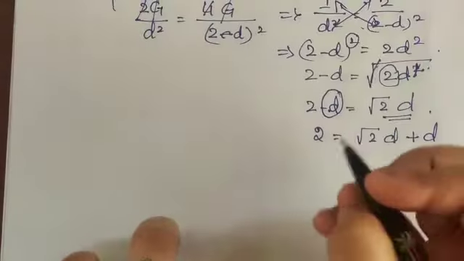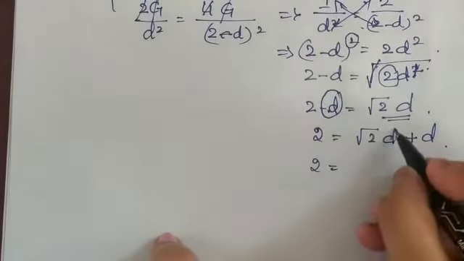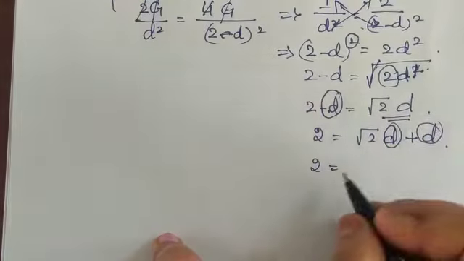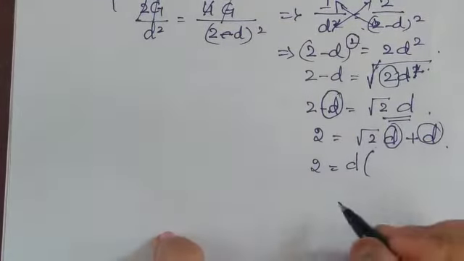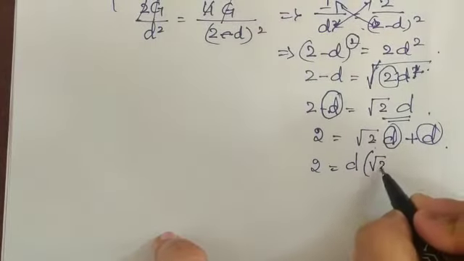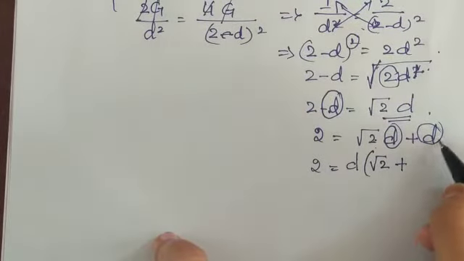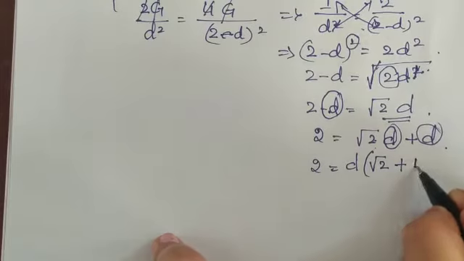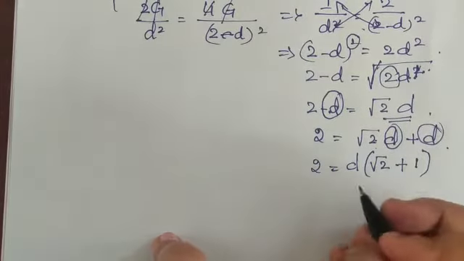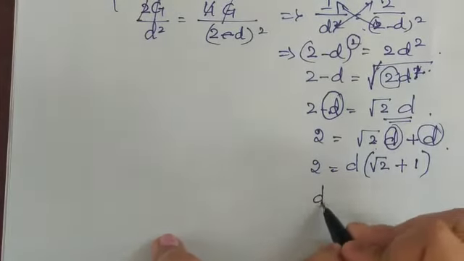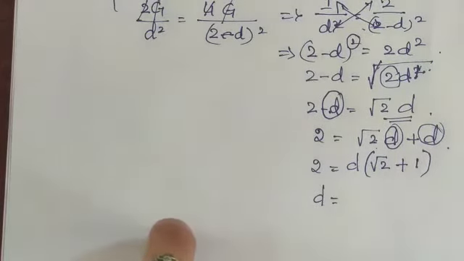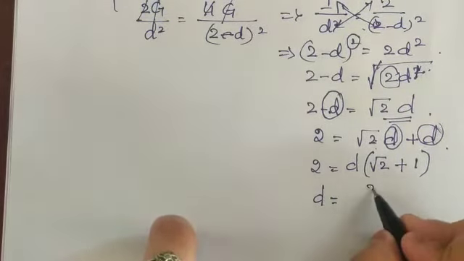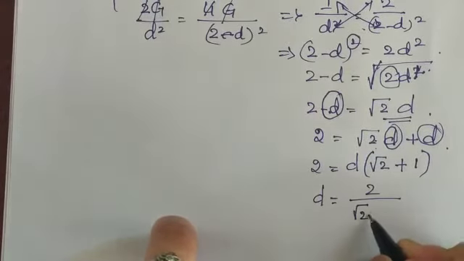Now I can take 2 equals to d, which is common on both sides. I'll take d outside. If I take d outside, the remaining is root 2 plus 1. So now d, the distance we want, where I should place that object C, d will become 2 divided by root 2 plus 1.